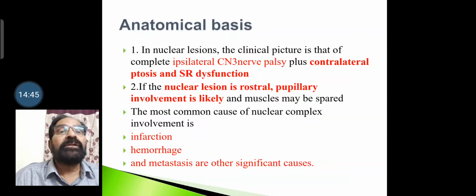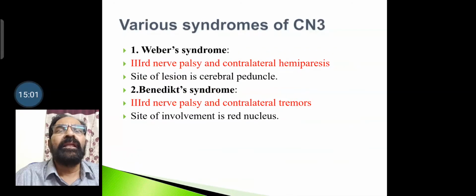The most common cause of nuclear complex involvement is infarction, that is sudden cut off of the blood supply, hemorrhage and metastasis and other causes. Coming to various syndromes related to the oculomotor nerve, there is one Weber syndrome.